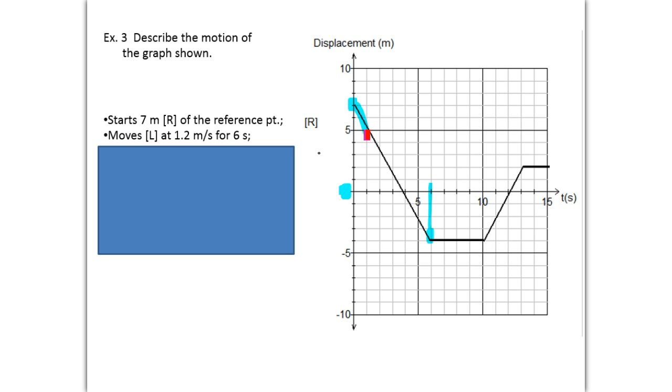And you should probably also include the velocity. Remember, the velocity is the slope of the line. So if you look at your rise, here you're rising, if we count down, it's 7 to 0, 8, 9, 10, 11, over 6, that's 5, 6.